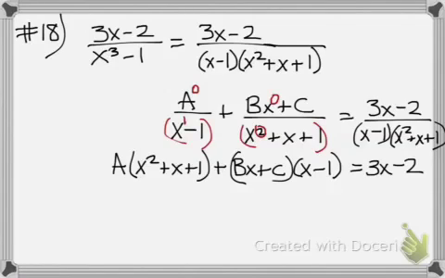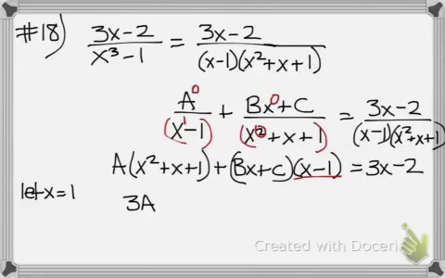From here, we're going to just start plugging in. The easiest thing to plug in is when we look over here, we have an x minus 1. So if we let x equal 1, we can just see what we get. If x equals 1, then we're going to have 1 squared plus 1 plus 1. So 1 plus 1 plus 1 is 3. So we end up getting 3A.